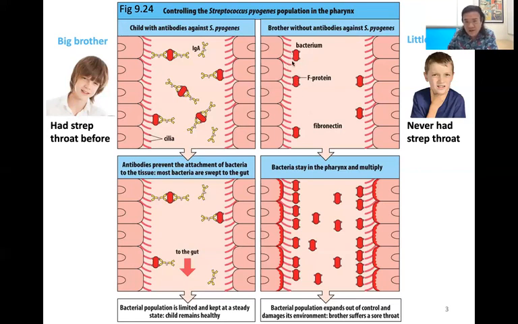So these antigens on the bacteria, maybe these are little proteins that are involved in sticking to surface features of his respiratory epithelium. They gain entry into his cells, right? And they infect and they begin to multiply.